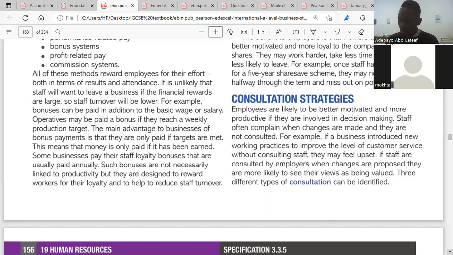There are different types of consultation. We have pseudo consultation, we have classical, we have integrative. Pseudo consultation is a situation where management makes a decision and informs employees of the decision through their representatives.